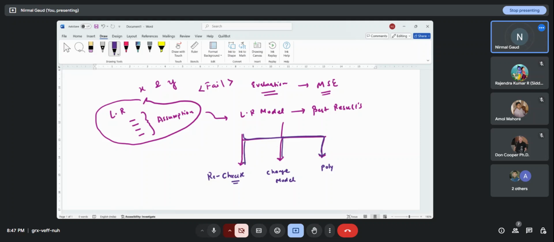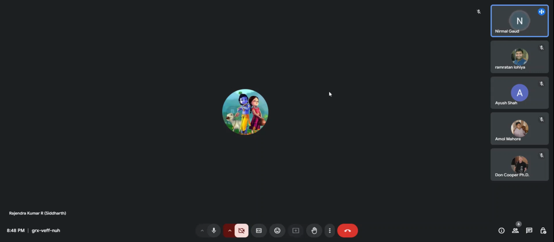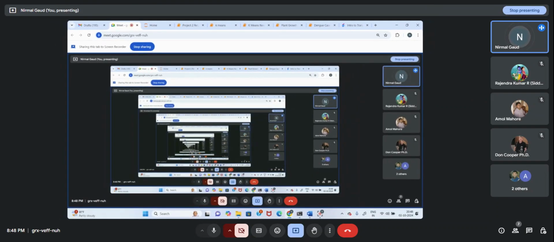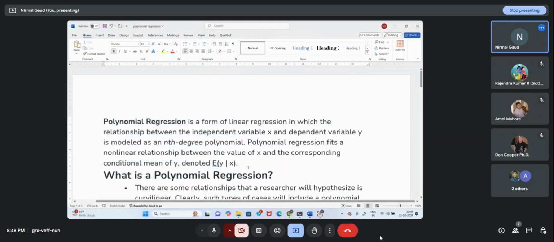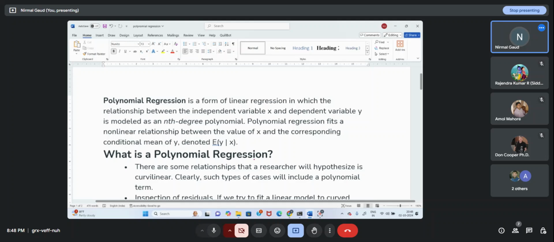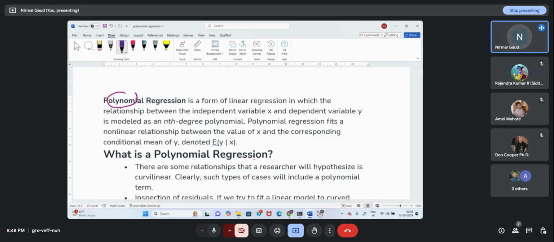Okay, so what is this polynomial regression? Let me share my entire screen, as I already gave you the equation for polynomial, and it's quite clear the relationship which independent and dependent variables have for the polynomial.